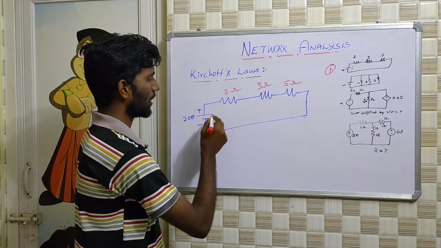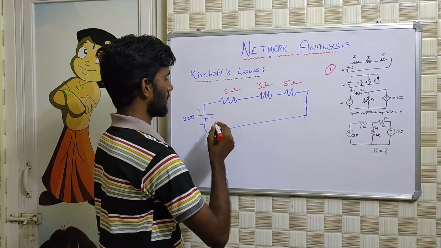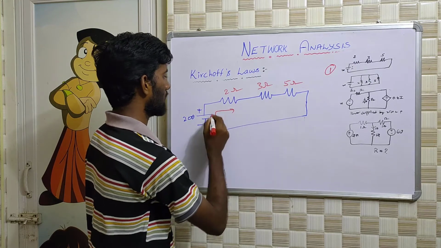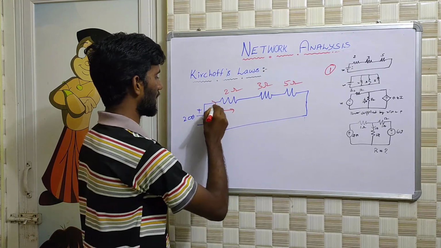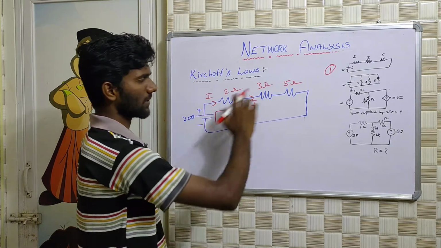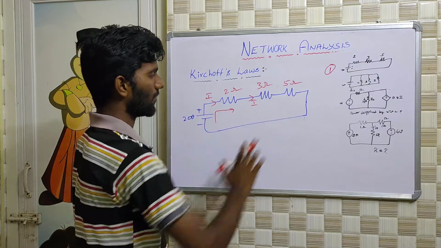Let us now give polarity for this circuit. The current is passing in this direction. Let us assume the current as I. Since it is a series circuit, the same current will be there.